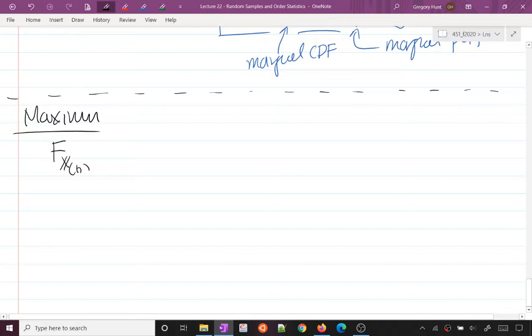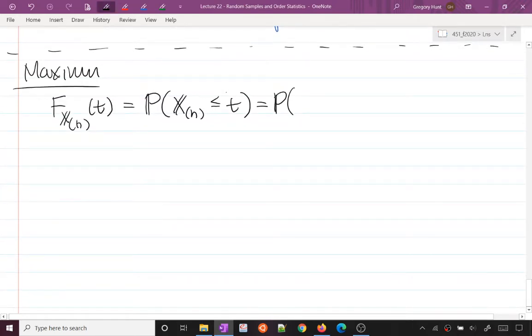So let's get the PDF for the maximum, x of n, with parens around it. The CDF for the maximum is the probability that my maximum is less than or equal to some value t. And as in the minimum case, if the maximum is less than some value t, all of them have to be less than the value t.